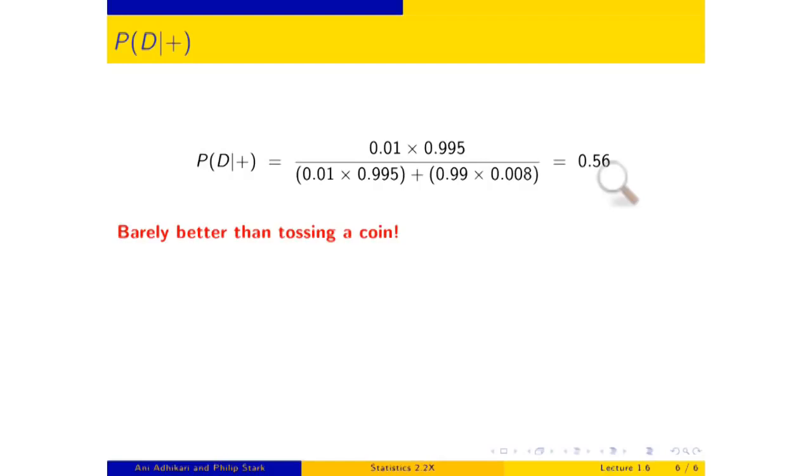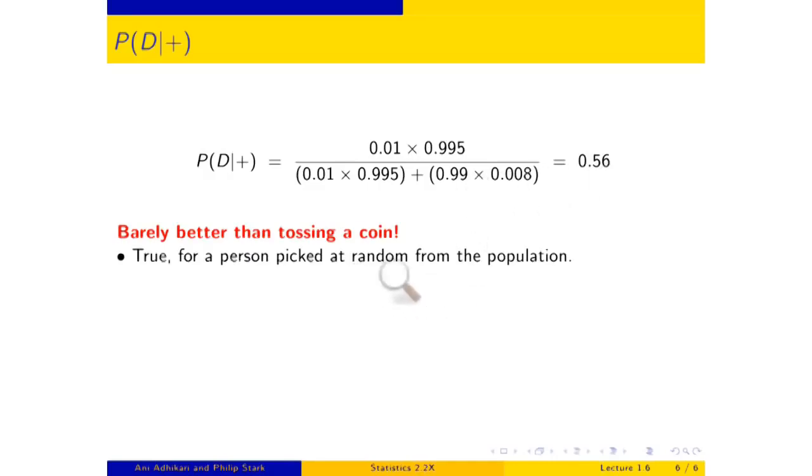What good was that test? And so this is where you have to understand what were the assumptions on which this problem was done. And the critical assumption was that the person was picked at random and tested. And for a person who is picked at random and tested, indeed, if they test positive, the chance that they have the disease is around a half.